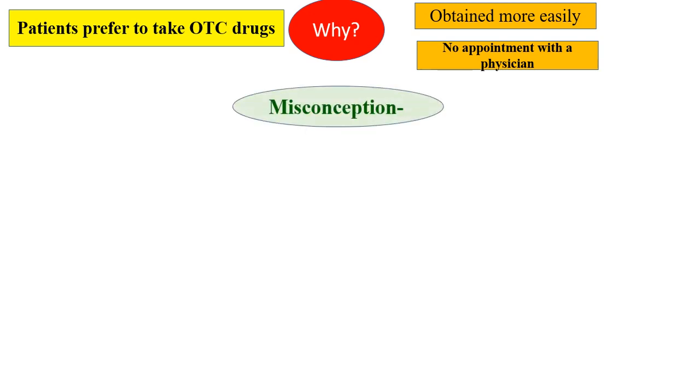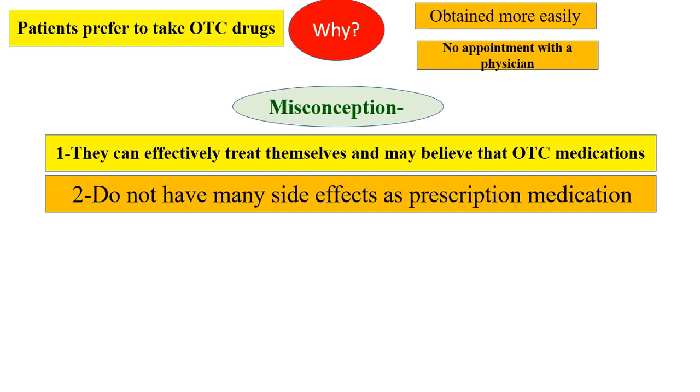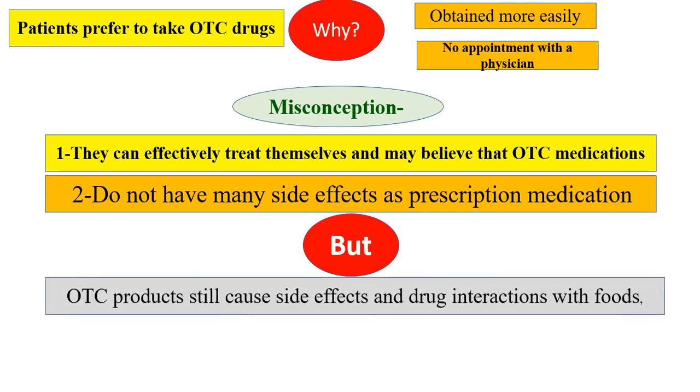There is a misconception that they can effectively treat themselves, and patients may believe that OTC medication has no side effects, so it's safe. But OTC products can still cause side effects, drug interaction with food, or if you take them in big quantity, maybe they cause side effects.